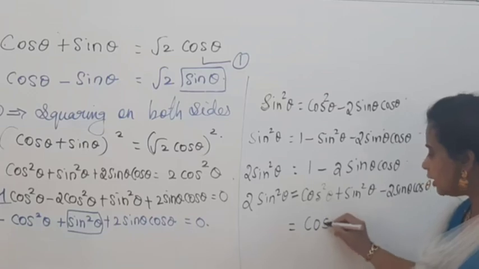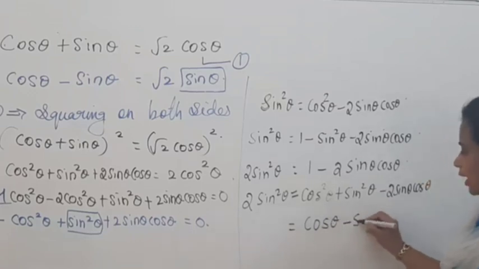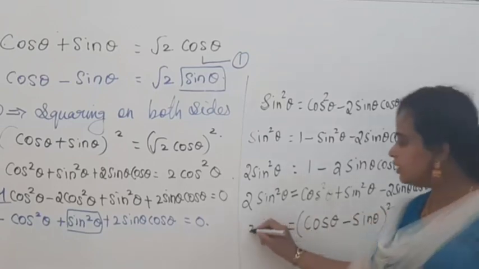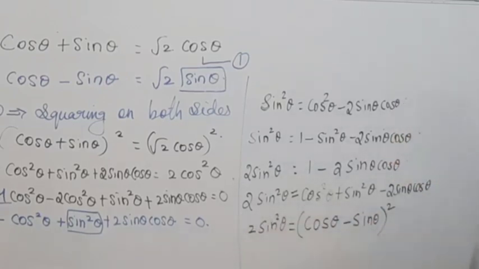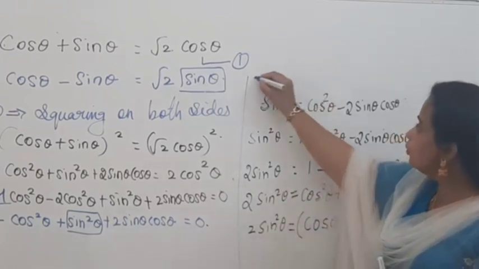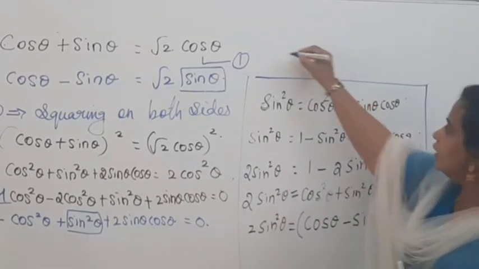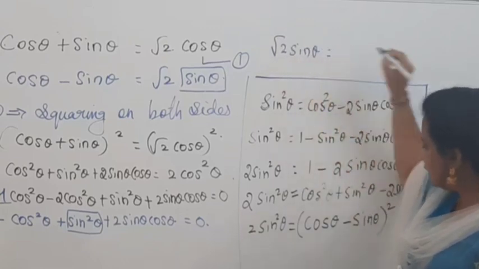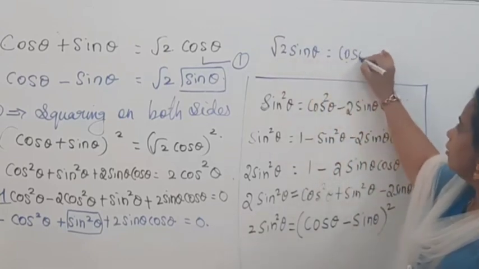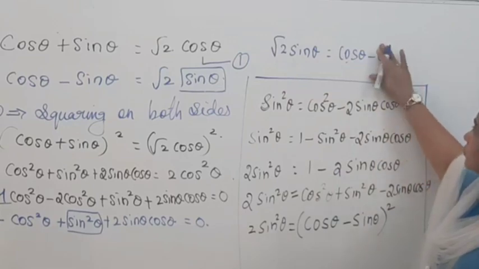That is nothing but (cos theta minus sin theta) the whole square, which is equal to 2 sin square theta. Now please take the square root of this, that is root 2, you get your point here, root 2 sin theta is equal to cos theta minus sin theta.